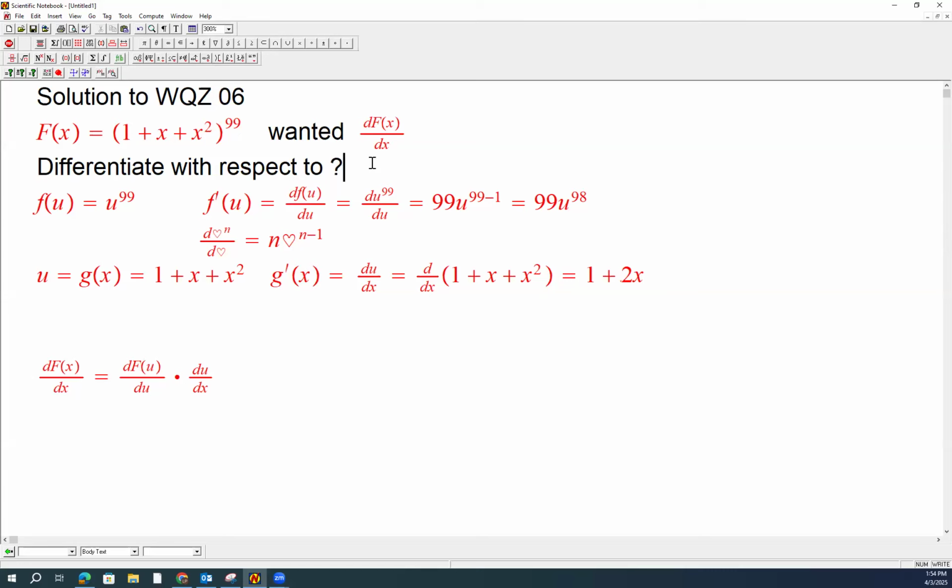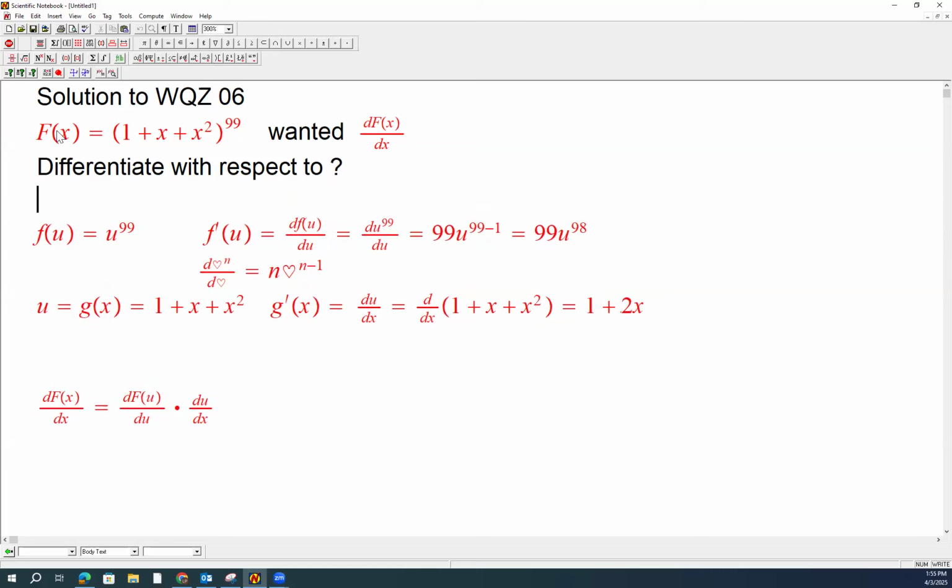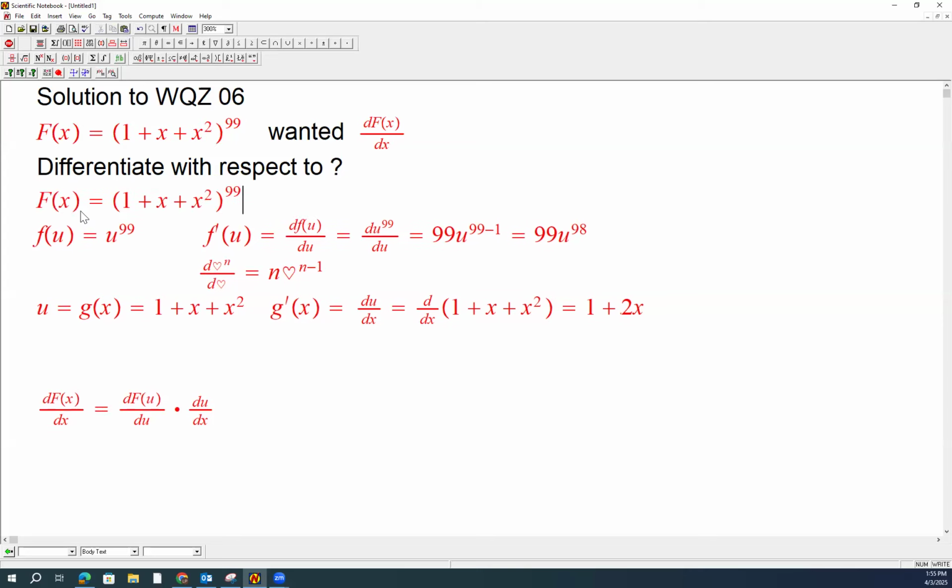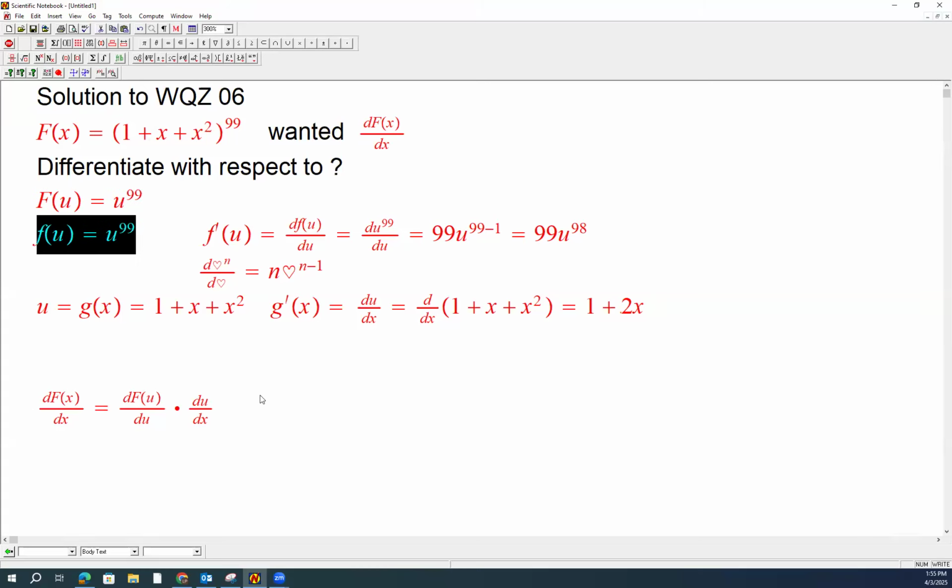If you write it in relationship to u, let me just show you. If I put a u, and u is still 1 plus x plus x squared, it is u to the power 99. So capital F of u and lowercase f of u are the same thing in our situation.